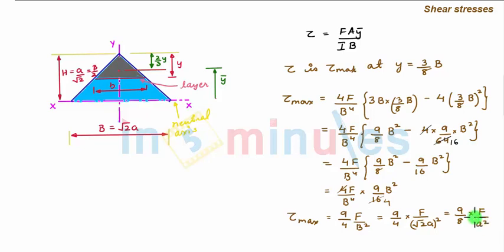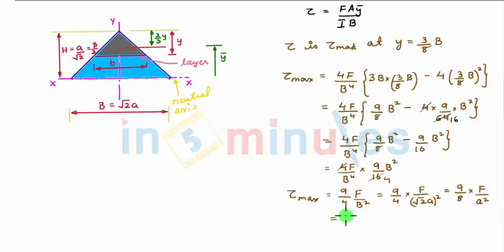Now we see a square is the area of the cross section, so we can write tau max is equal to 9 by 8 of f by A, which is nothing but 9 by 8 of tau mean, since f by A is the mean shear stress. Now we see this 9 by 8 is greater than 1, hence tau max is greater than tau mean.